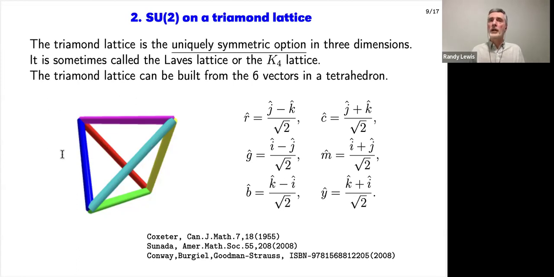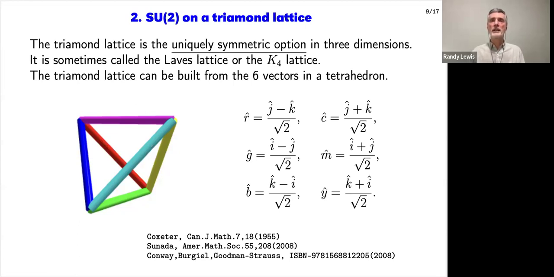The triamond lattice is made of these same 6 vectors, but they're not in the shape of a tetrahedron. So what we need to do is just translate them through space to be in a different location without rotating them in any way.